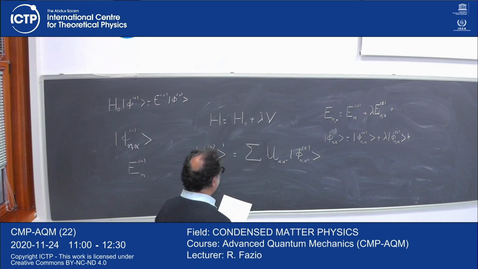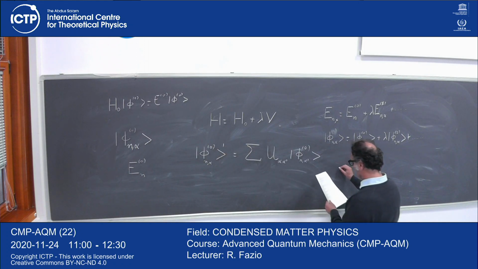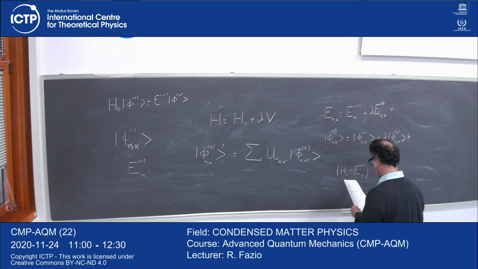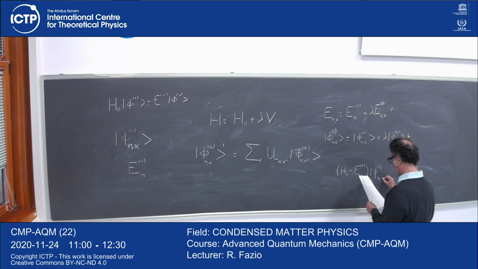As before, I will substitute this expansion in the Schrödinger equation, the eigenvalue equation, and if I stop at the first order, what I will get is H0 minus E0 n times phi 1 n alpha.